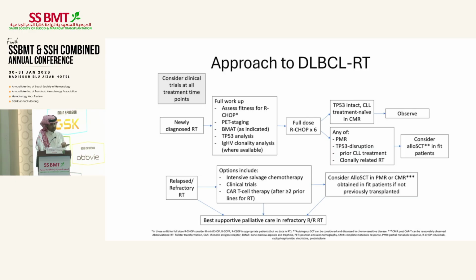However, this is very rare, as the majority will be patients who had prior CLL therapy, patients who had TP53 mutation, and, more important, if you have access to testing for clonal relation, those that are clonally related. Those are the ones you should consolidate with stem cell transplantation.